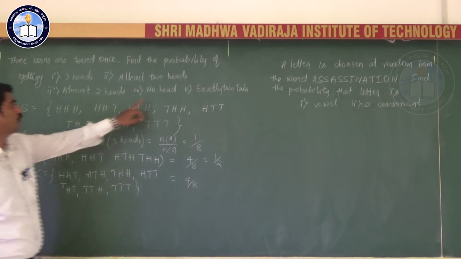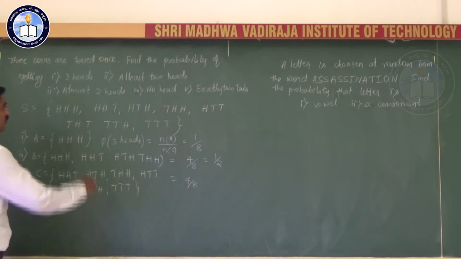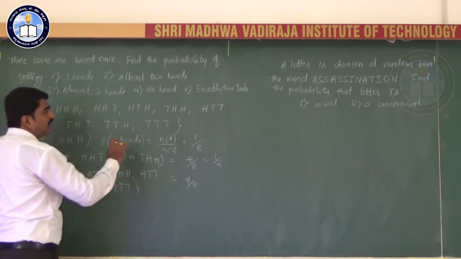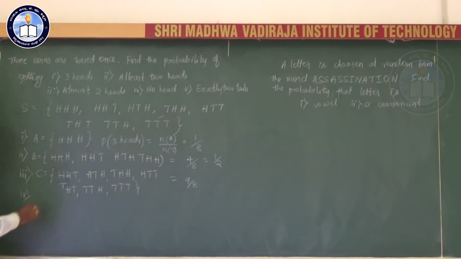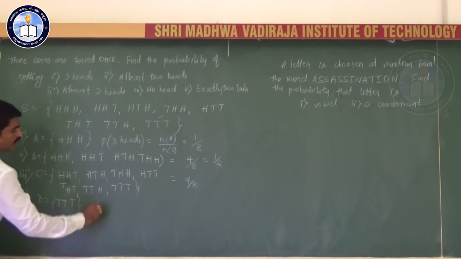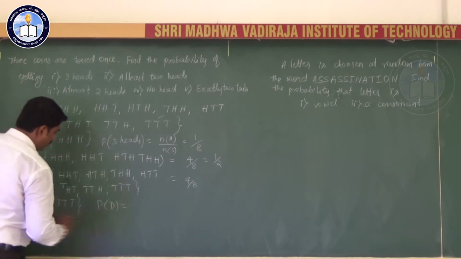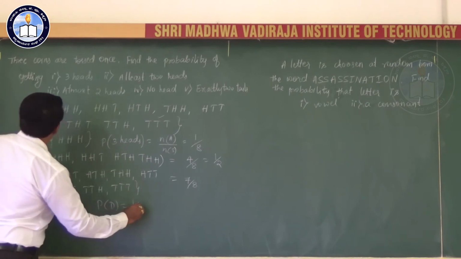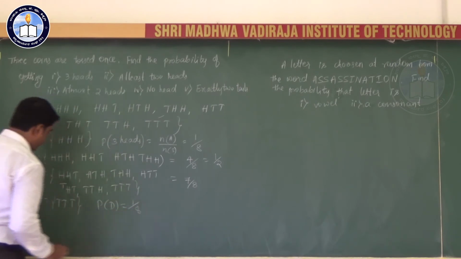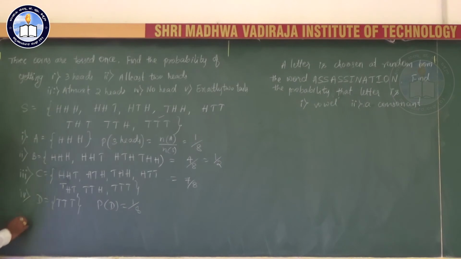Okay. So the fourth one, no head. So what is the only one chance? Therefore TTT. So D is the event, TTT can come. So therefore the probability of event D is equal to N of D by N of S, that is 1 by 8. The last one, exactly 2 tails. Let me take it as event E. What are the possibilities? 1, 2 and 3.